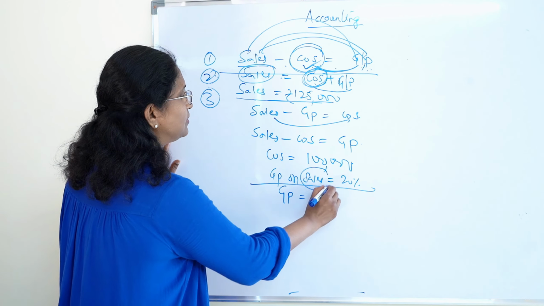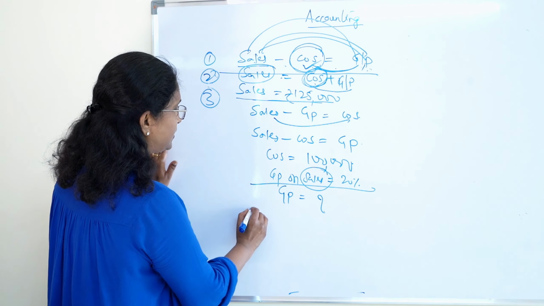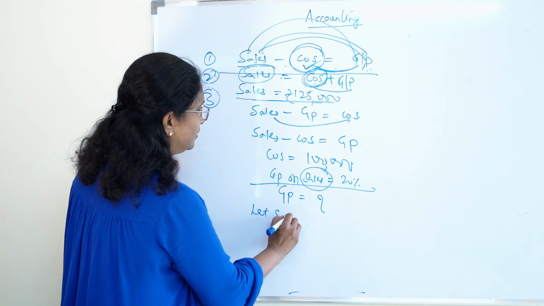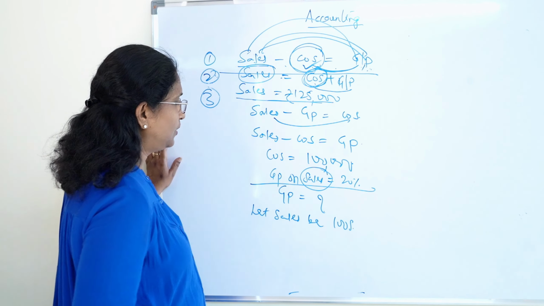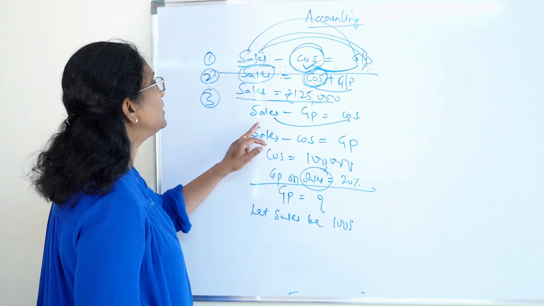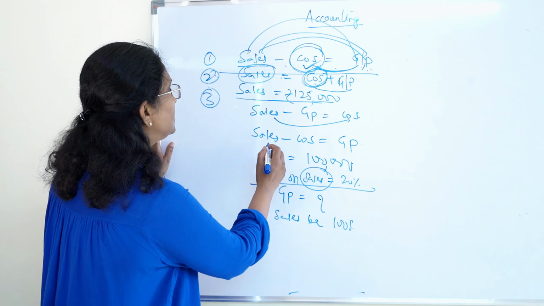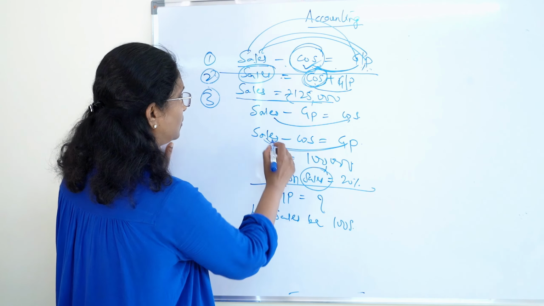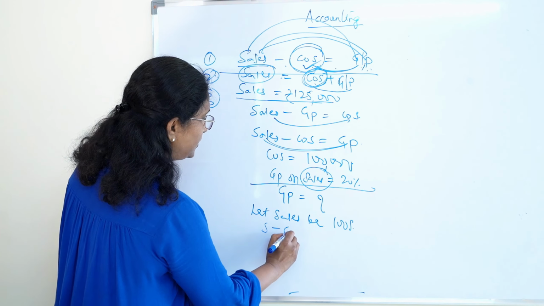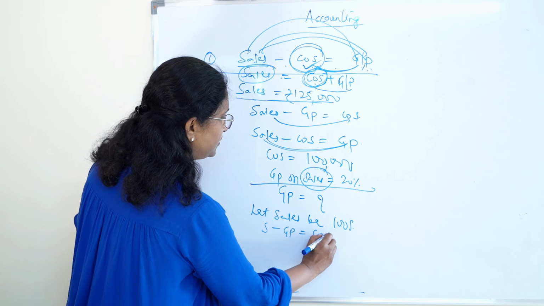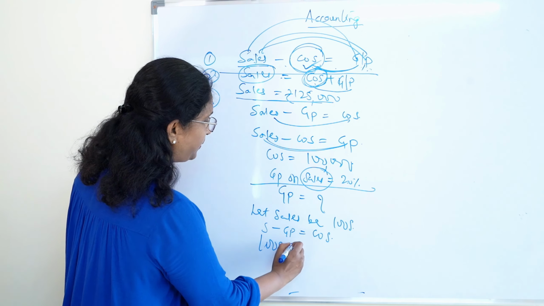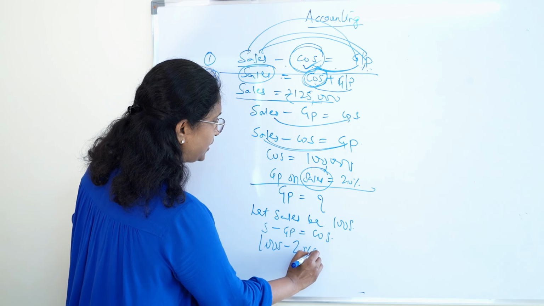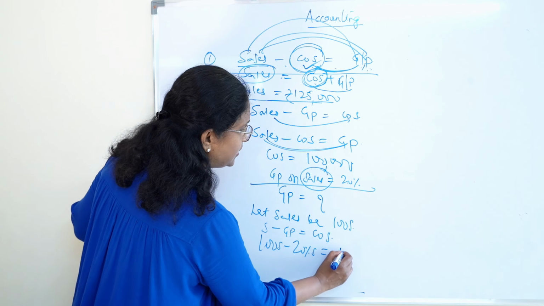Whenever you have been given a percentage on sales, again start with: let sales be 100%. Sales minus GP is equal to cost of sales. Sales is 100s, minus GP which is given as 20%, that is 20s, is equal to cost of sales, which is 100,000.